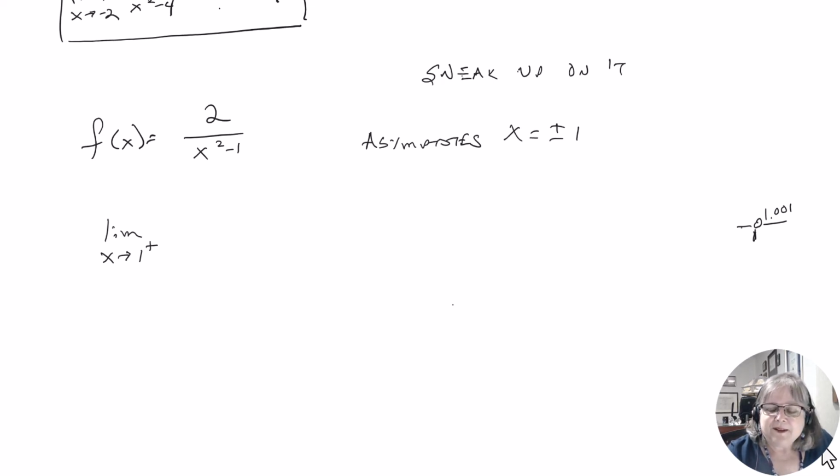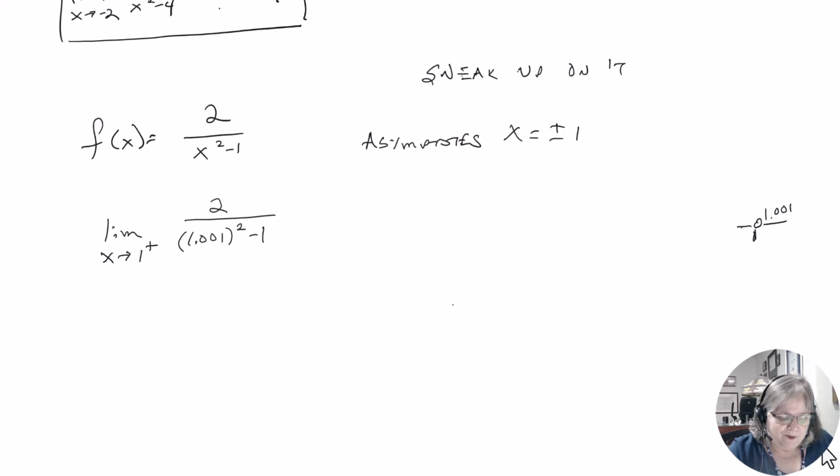And I am going to try to figure out what a number in the vicinity of 1.001 is going to do to my function. If you actually put that number in, I would have 2 over 1.001 squared minus 1.